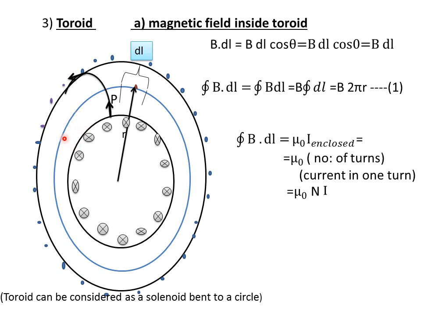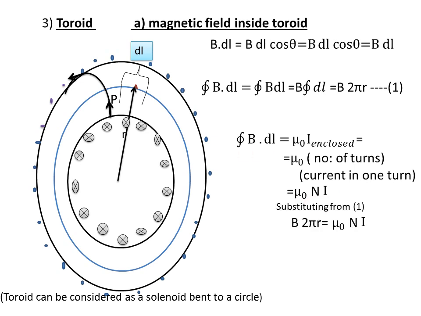So all the current can be taken as positive. So I enclosed is equal to number of turns into current in one turn. Number of turns is taken as n and current in one turn is I. So integral B dot dl is equal to mu 0 n I.